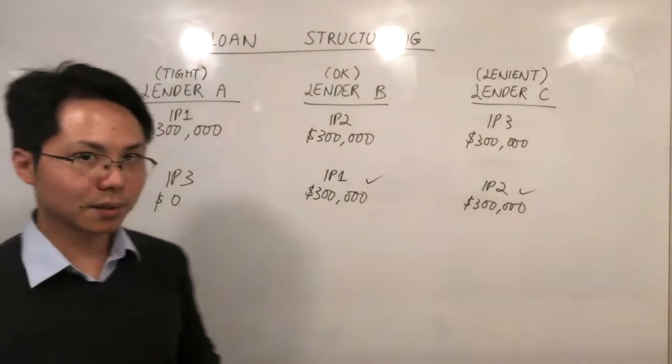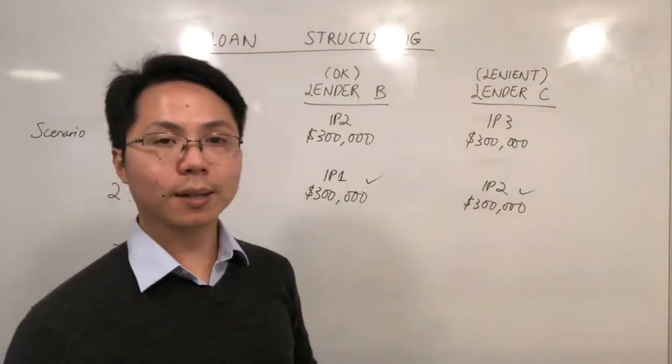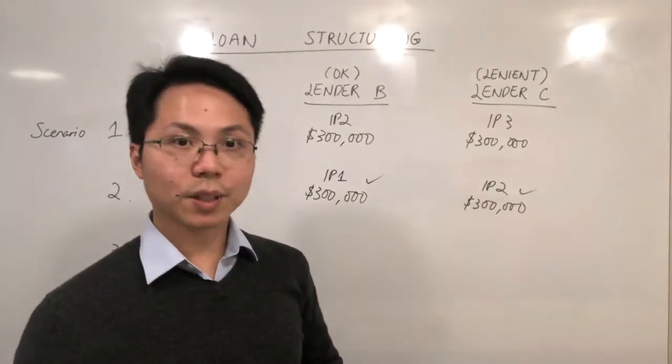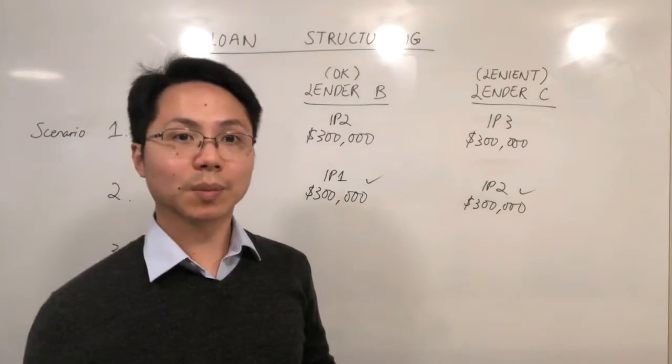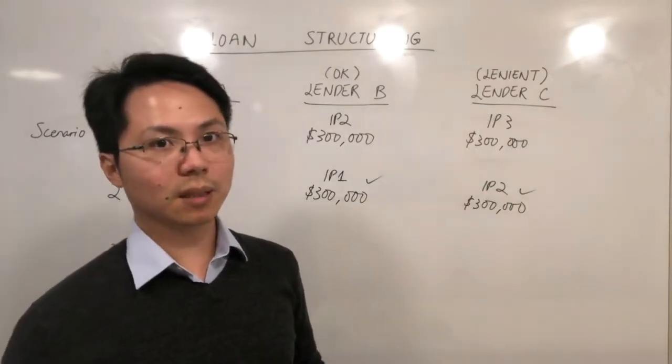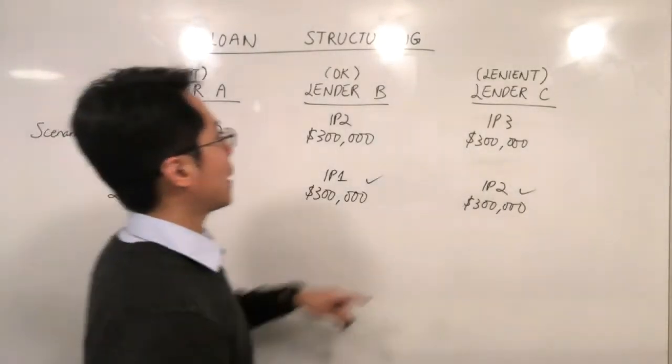Now, what happens if you are trying to buy a home yourself, for example? Like you're an owner-occupier, you want to buy your first property, and at that time, you just want to be able to borrow your maximum capacity, not thinking about investing down the line. That's okay. Let's use that as scenario 3 then.